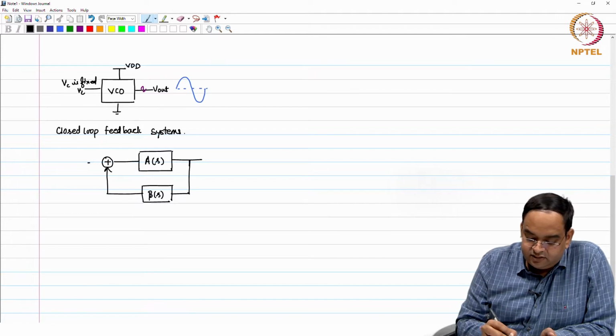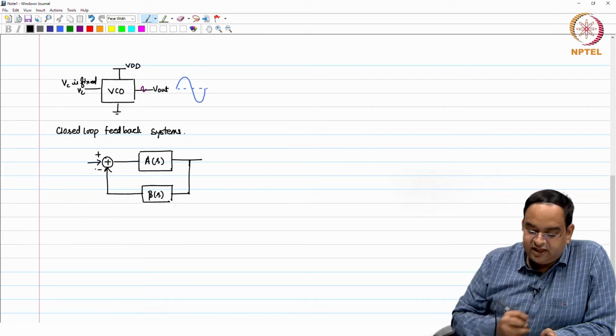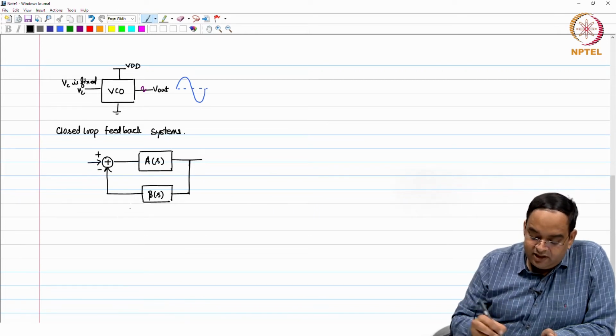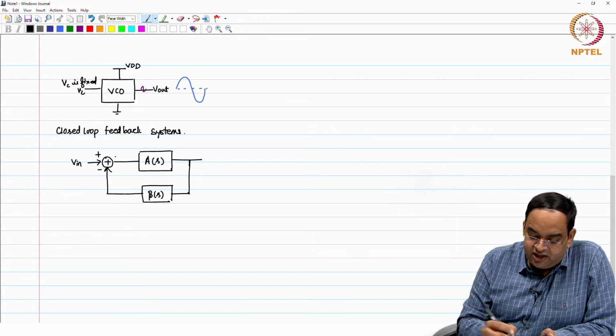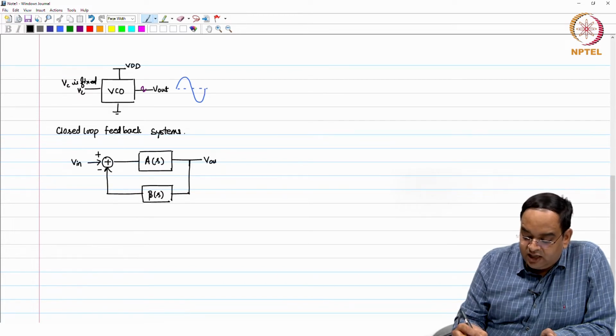This is the system, and if it is in negative feedback then I can put a minus sign here. Typically in a closed loop system this is your V in and this is your V out.